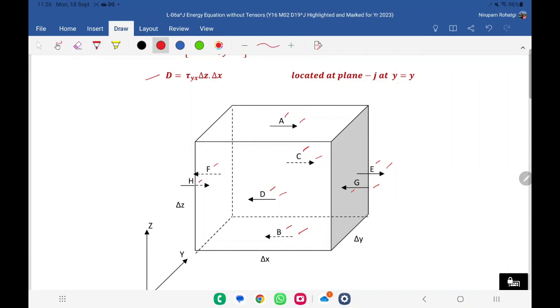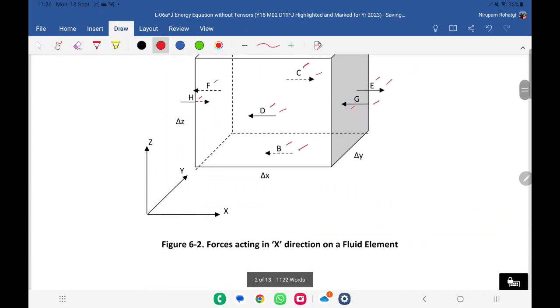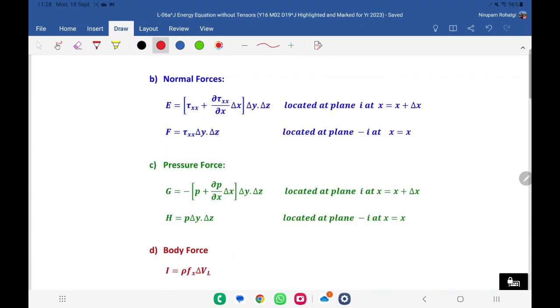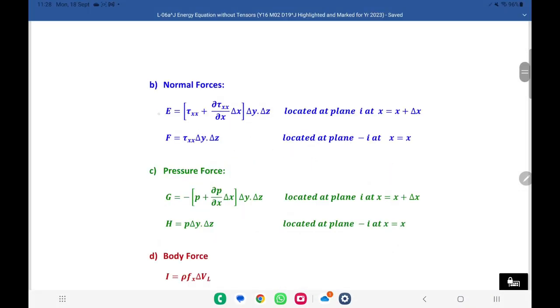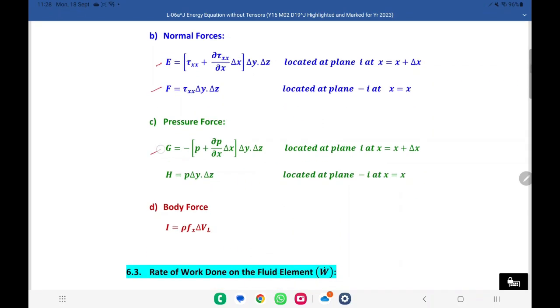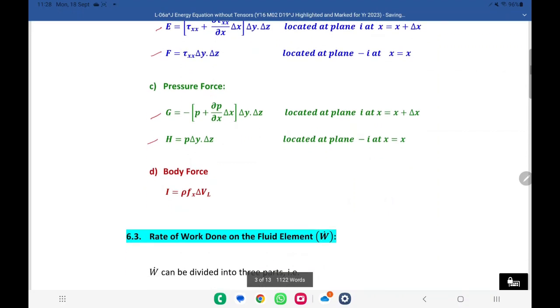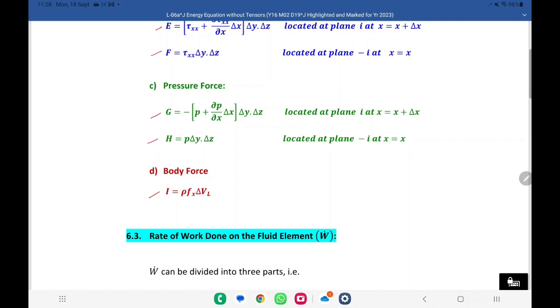So we have taken only 4 as the shear force. Now we are talking about these normal forces, these E and F. These E and F are the normal forces. Then the pressure forces, G and H, and then the body force. It is all already we have discussed.